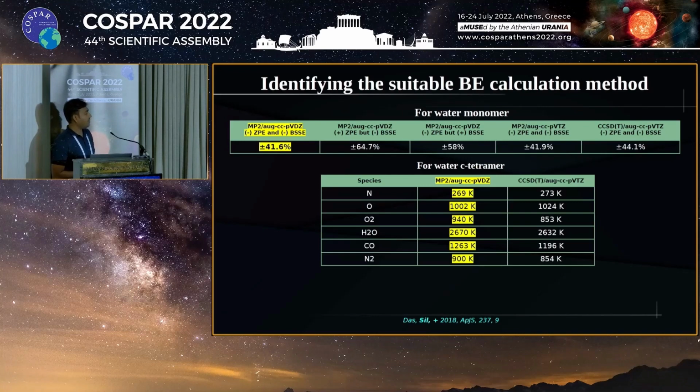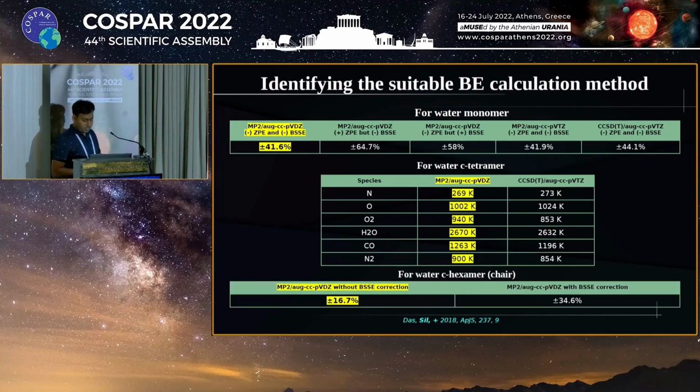So the deviation is very minimal, but when we consider the basis set superposition error, then the binding energy decreases, so it affects the results. But when we average the deviation from experiment, it averages out, and we get the value 41.6%, which is minimum using this method.